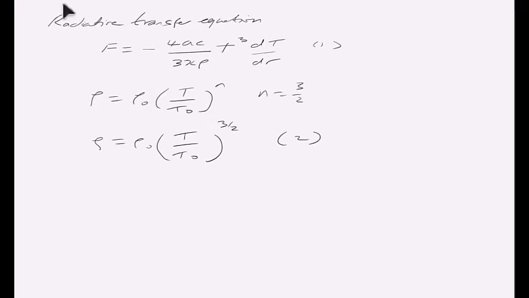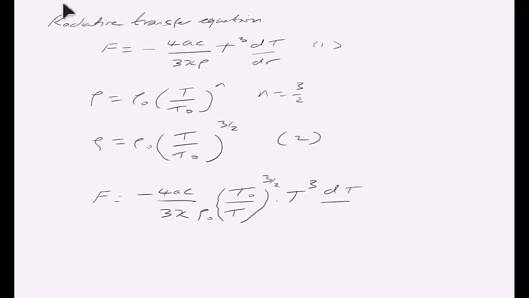And what we end up with when we substitute this is that the flux is given by minus 4 AC divided by 3 kappa. I'm going to put rho naught here, T naught over T to the power of 3 over 2, times by T cubed, and then dT by dr. And this is known as a generalized energy flux equation, where temperature and density are related through this fractional power.